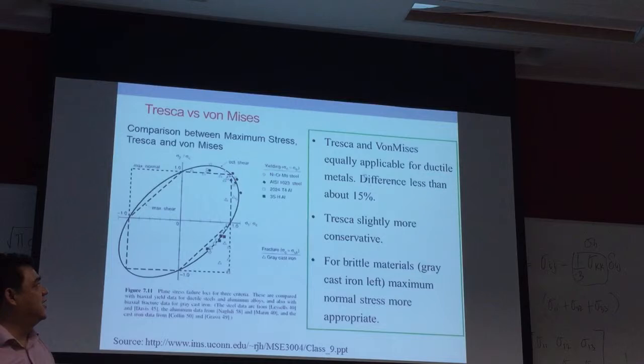Ductile metals. In this case, as you can see, Tresca and von Mises applicable for ductile metals, difference less than 15%. Okay? If you can recall in Mechanics 3, you did some modeling and then you compare it with the actual test data. As long as the difference is 10%, then your solution is so-called correct.